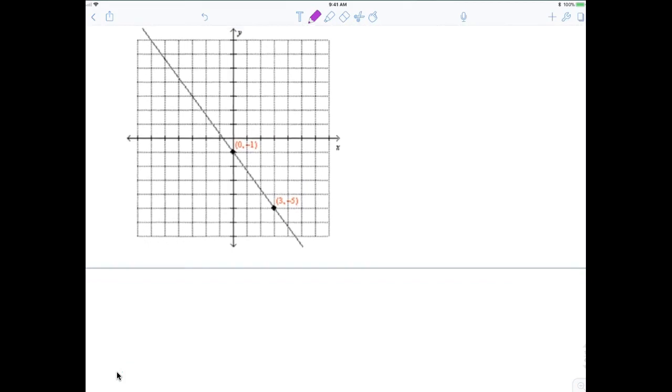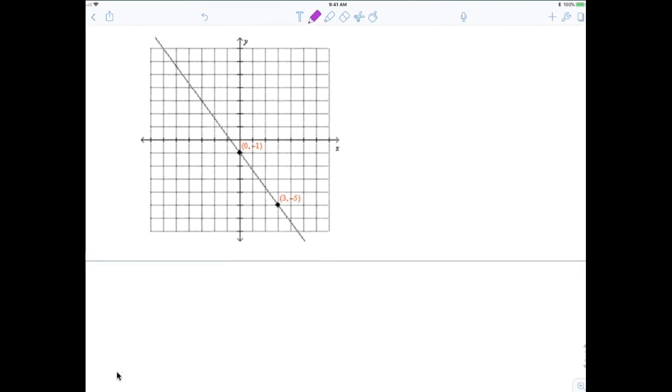Now it says write the equation of that line. What's the y-intercept, guys? -1. Now I need the slope. What's the slope? So I went down 4/3. Is everybody happy with that?